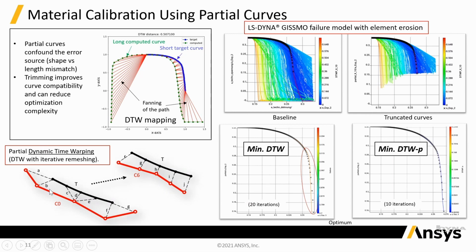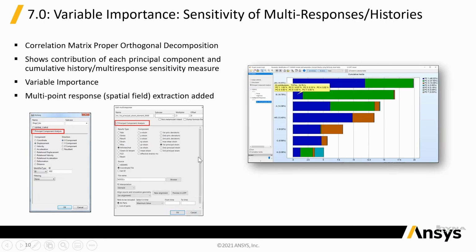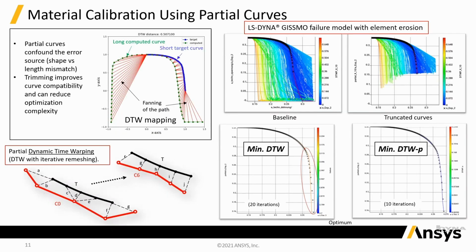But at the ends, there's a problem because you get what we call fanning of the path, where you have only a single point, for instance, in this case, on the beginning and the end of the test curve, the blue curve, which connect to several points on the computed curve. And so we implemented a method whereby we could eliminate the fanning.